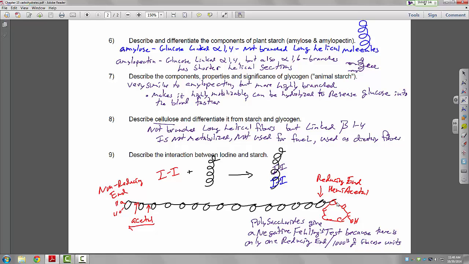Normal glucose, well, it's got one hemiacetal for every glucose. So this is orders of magnitude less concentrated in terms of the hemiacetal. So you get a negative Fehling's test.